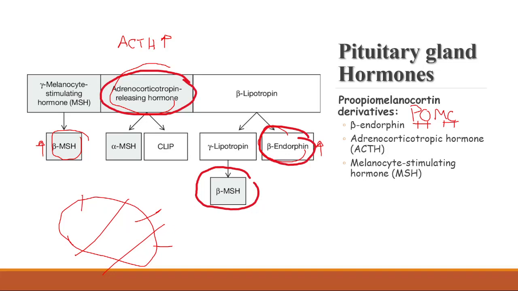So whenever we're making ACTH, we have to make MSH as a byproduct. That's why some people with Addison's disease, where they have increased levels of ACTH in the blood, have hyperpigmentation of the skin, because as they are secreting ACTH, they also are secreting melanocyte stimulating hormone. And we'll talk about Addison's disease when the time comes, not right now.